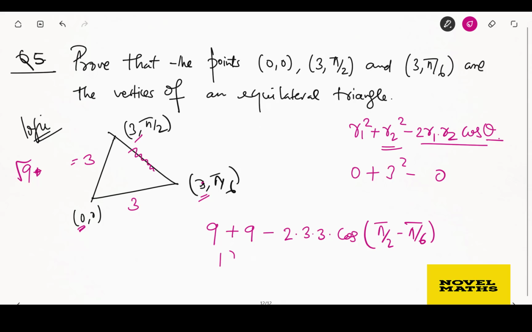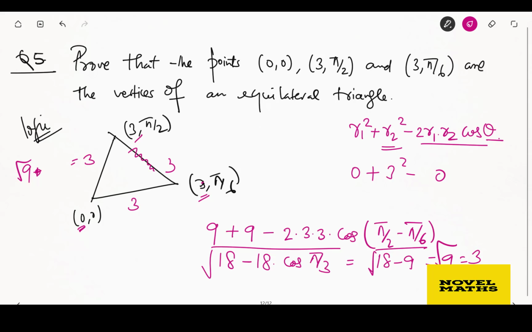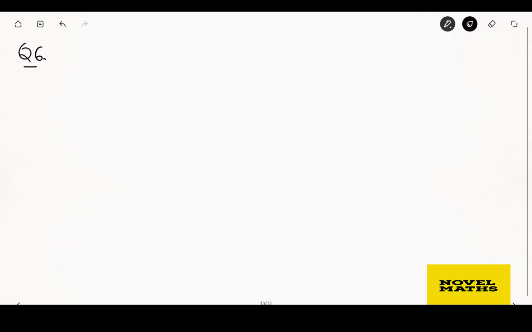So this becomes 18 minus 18 cos of this, 1 over 2 minus 1 over 6 is 1 over 3, pi over 3. And what is cos pi over 3? Half. So 18 minus 9, 9. And this is also 3. So all these side lengths are 3. That means these are the vertices of an equilateral triangle. Question number 6.